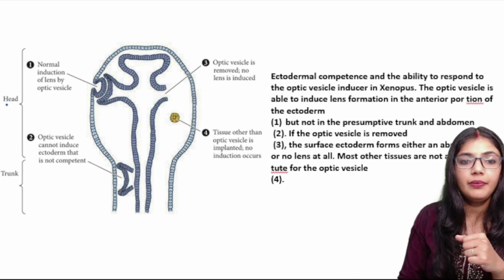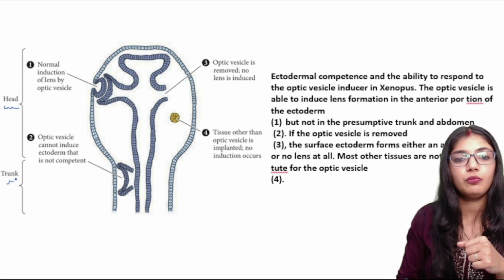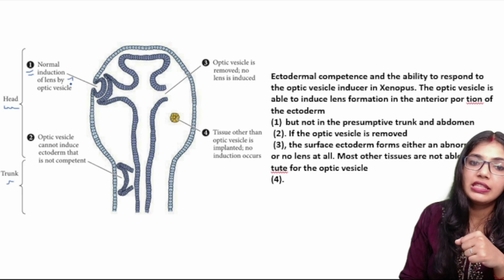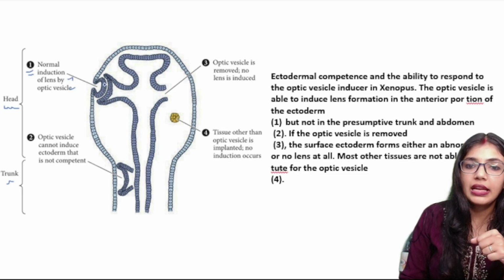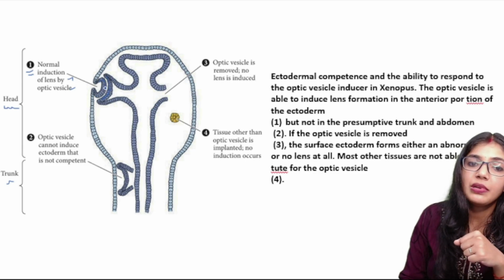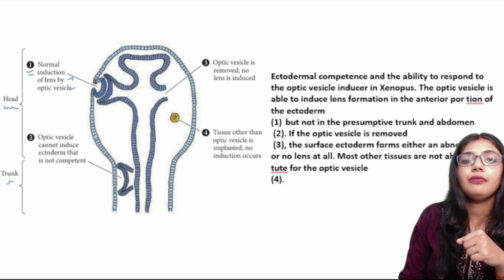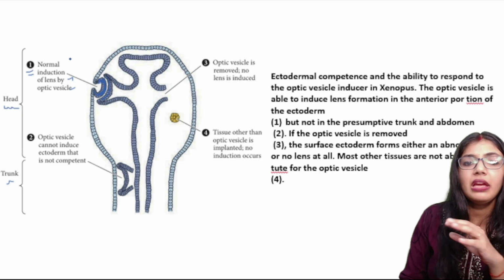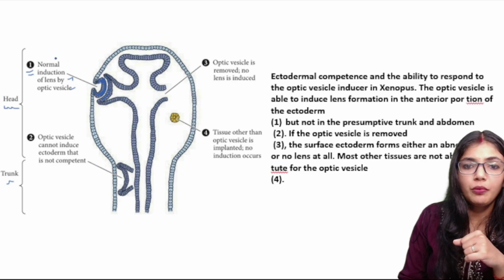Here we see the head portion and the trunk portion. What happens in the first case? Normal induction of lens by optic vesicle. Here there is normal induction of lens because this is a place where the optic vesicle is present, and this is where the presumptive lens formation part was present. So here there will be normal lens formation.